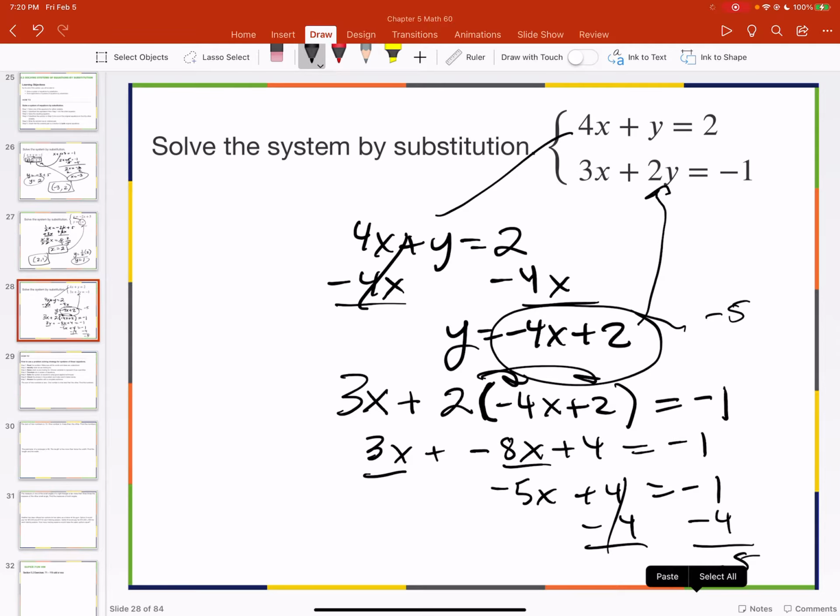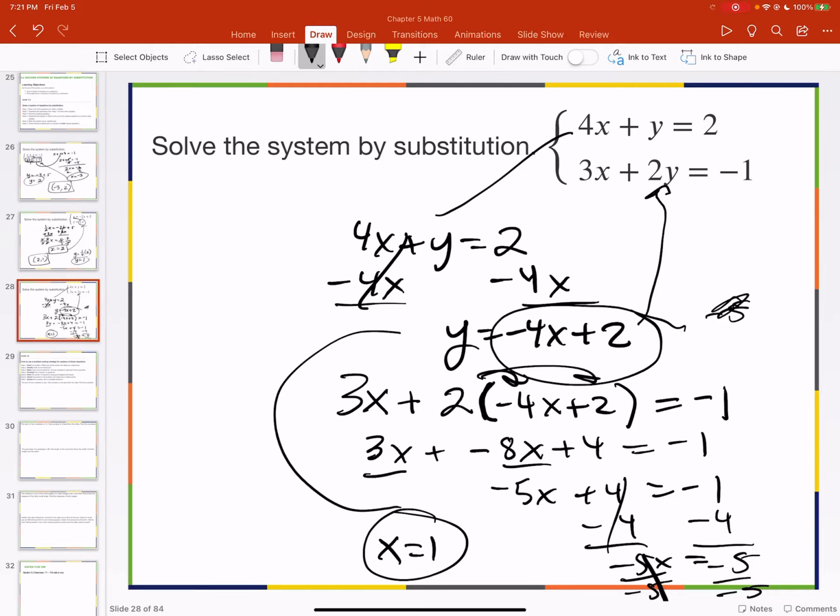Divide both sides by -5, and you get x is equal to -1. Now that you have x, plug it into either one. So y is equal to -4 times 1 plus 2. -4 plus 2 is going to equal -2.